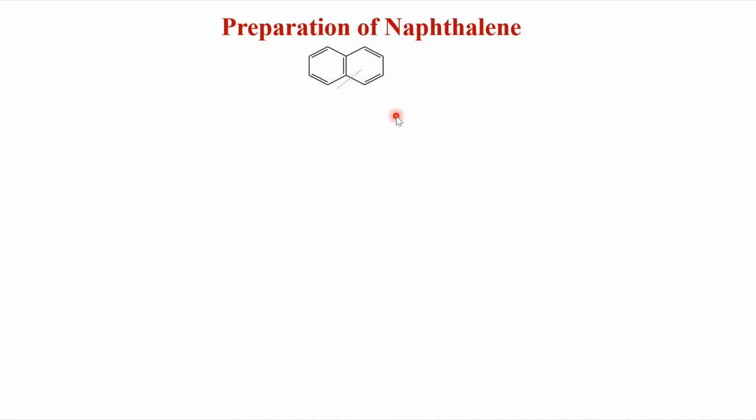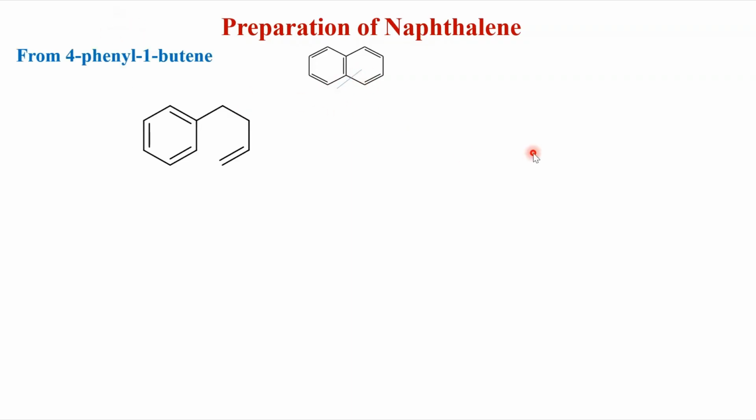If I break the bond over here and reduce the bond at positions 1 and 2, I'll get 4-phenyl butene. 4-phenyl butene can act as a starting material for the synthesis of naphthalene.